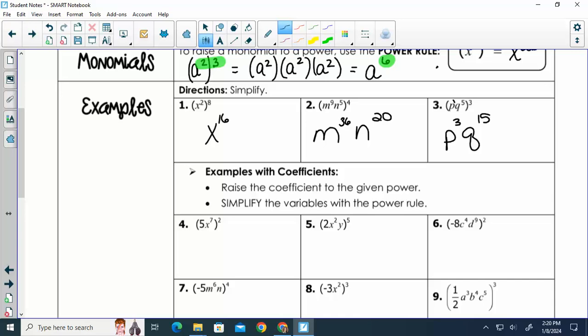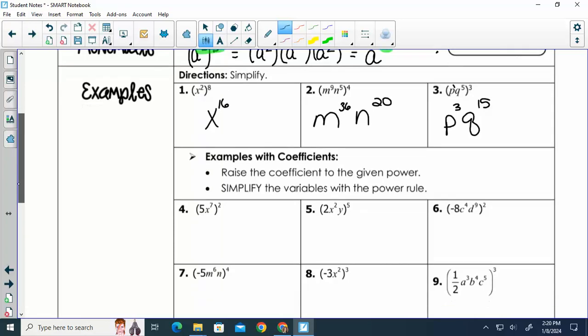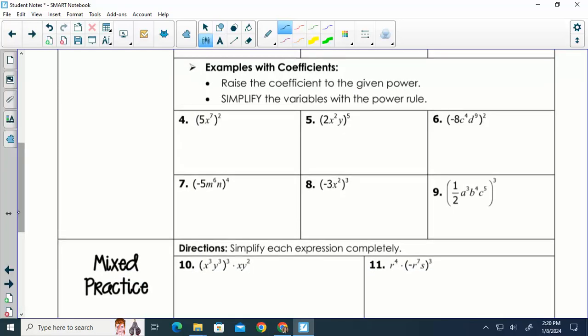Okay, if you don't have one, you may need a calculator for this second part. So sometimes we have numbers in here, coefficients. When we have those exponents, we have to take the number, or the exponent to that number as well.